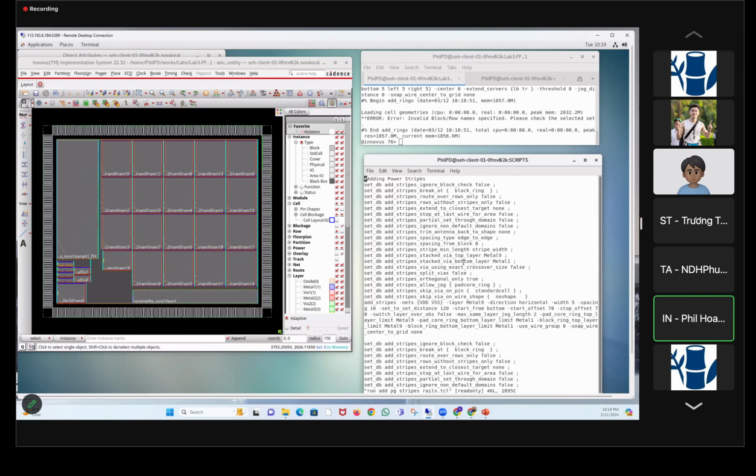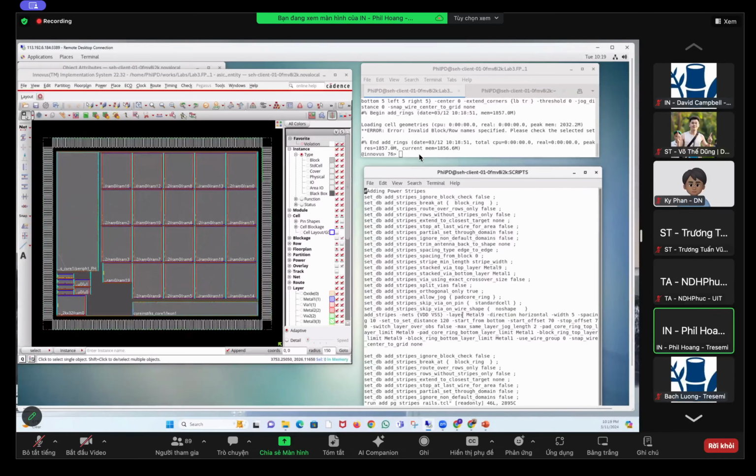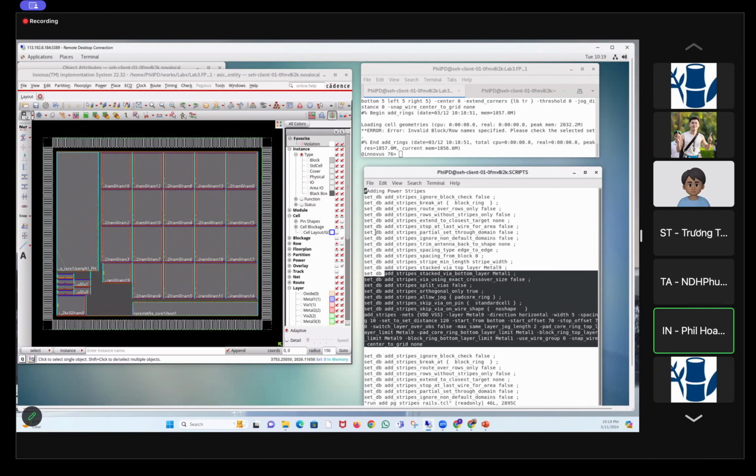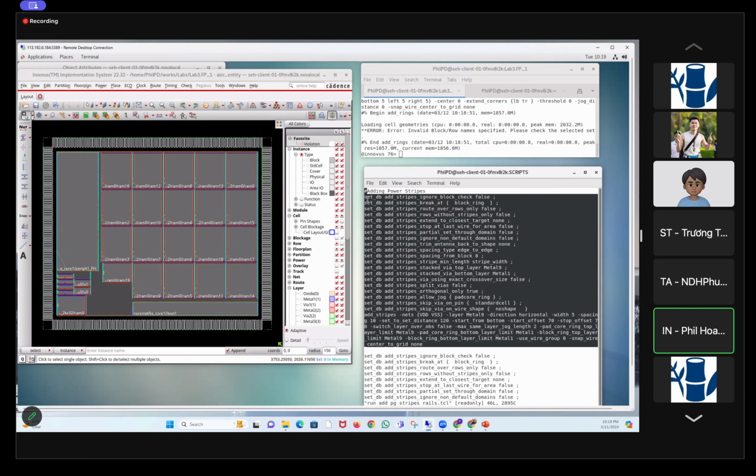Okay, so what does it do? So add a power stripes. You can see here it will be metal 9 horizontal, and then width and every one of the details, like spacing and everything. And with the set DB first, and then add stripe later, and see what it does.